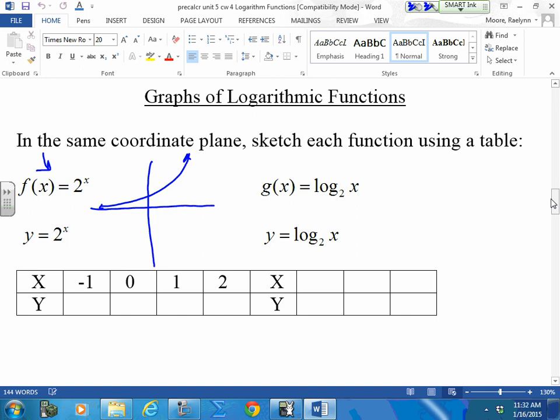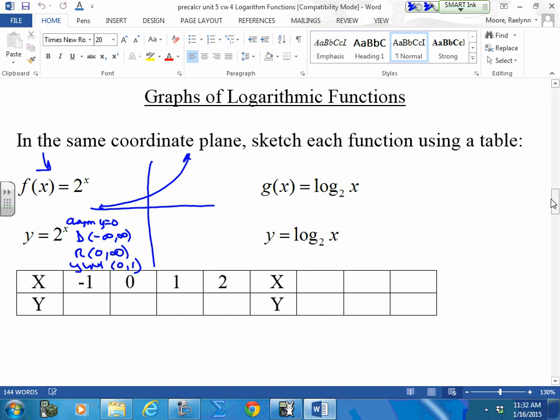We said it has a domain of all real numbers. We said it had a range from 0 to infinity. It has a y-intercept of 0, 1, and it has an asymptote of y equals 0. Didn't we find that, right?